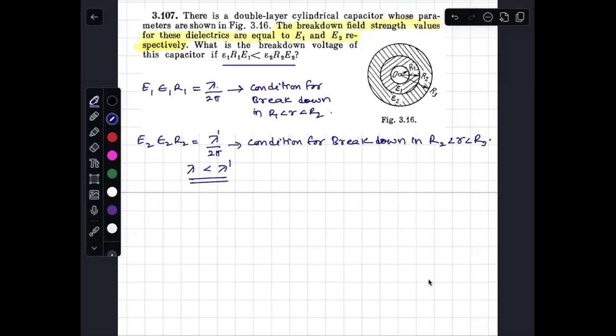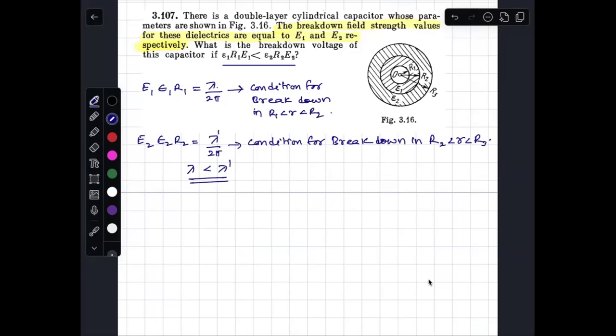Suppose I'm increasing lambda. For example, lambda is 3, lambda dash is 4. Now you will increase the charge on the cylinder 0 to 1 first. No issues. Nowhere there is breakdown. 1 to 2. Nowhere there is breakdown. 2 to 3. What happens first? Breakdown happens first at R1 less than R less than R2 region.